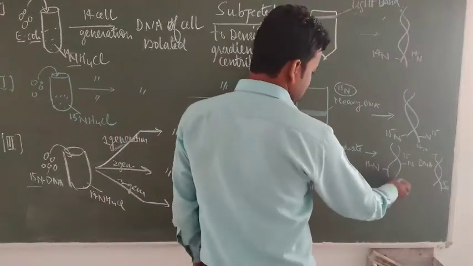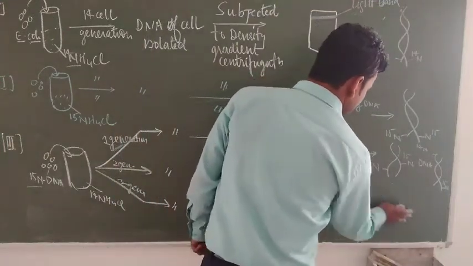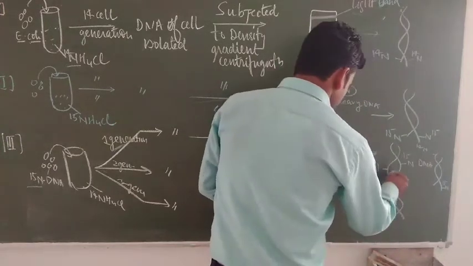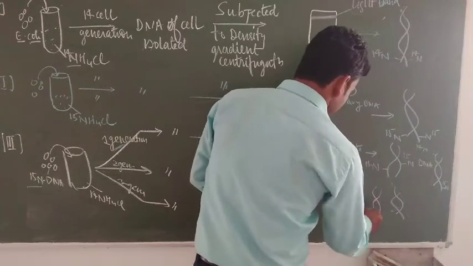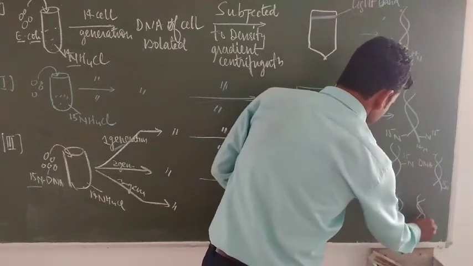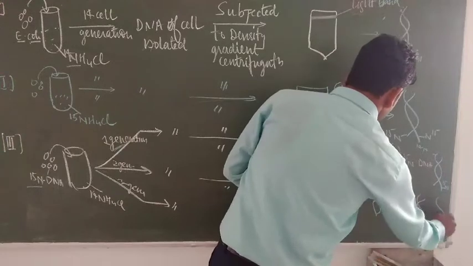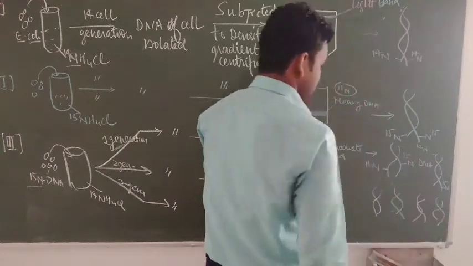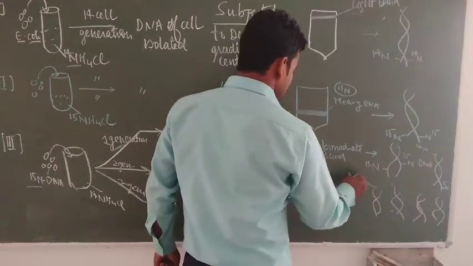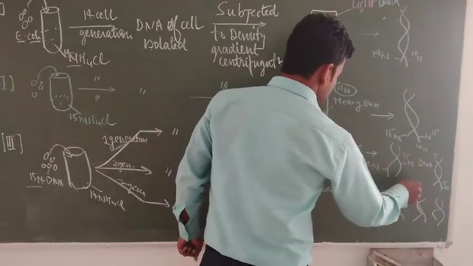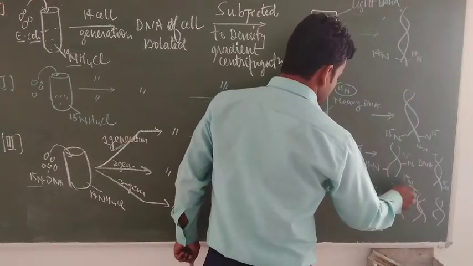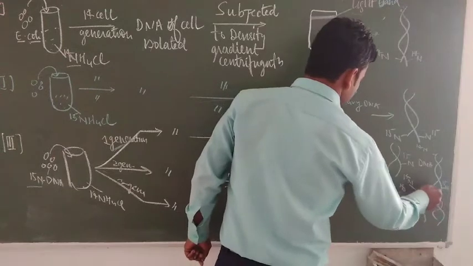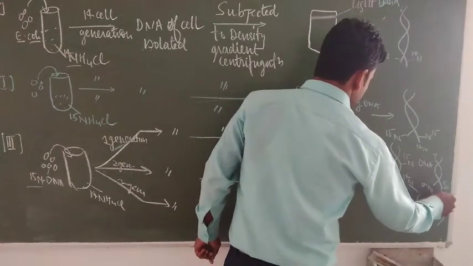You can see, suppose this is N15, they form an N14 strand, and N14 forms two strands, and N15 forms an N14 strand, so both DNAs are of N14. Here N14 strand, here N15 strand.